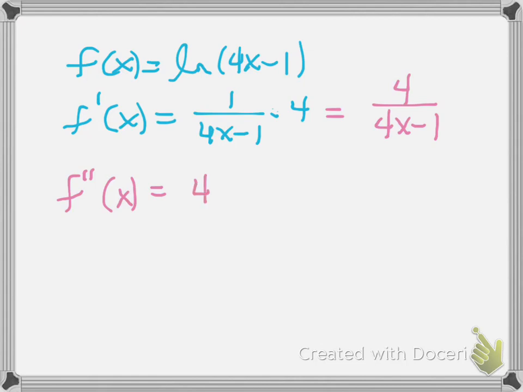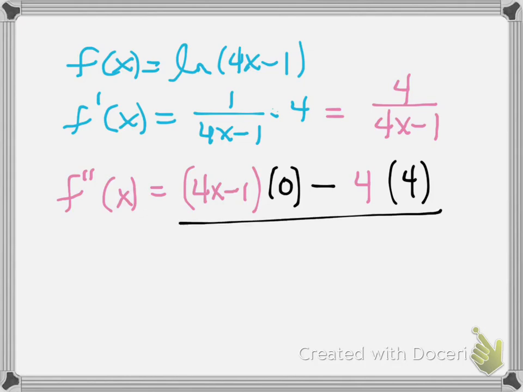So low d high, that would be the derivative of 4, that's 0, minus high, 4, times d low, the derivative of 4x minus 1, that's just 4, all over low squared.